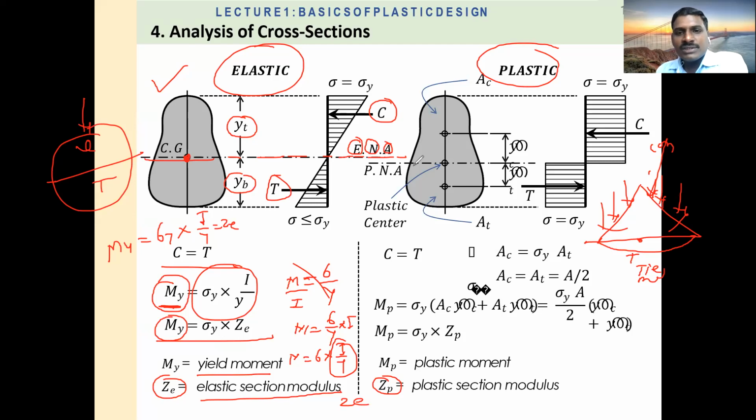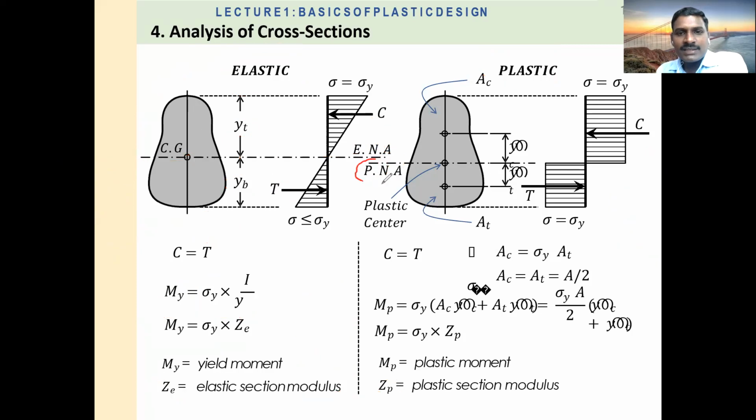So here this is your elastic neutral axis for the elastic body, but here this is the plastic neutral axis. Please concentrate: plastic neutral axis. This is shifted downward. Again you can see this is the compression, this is the tension.